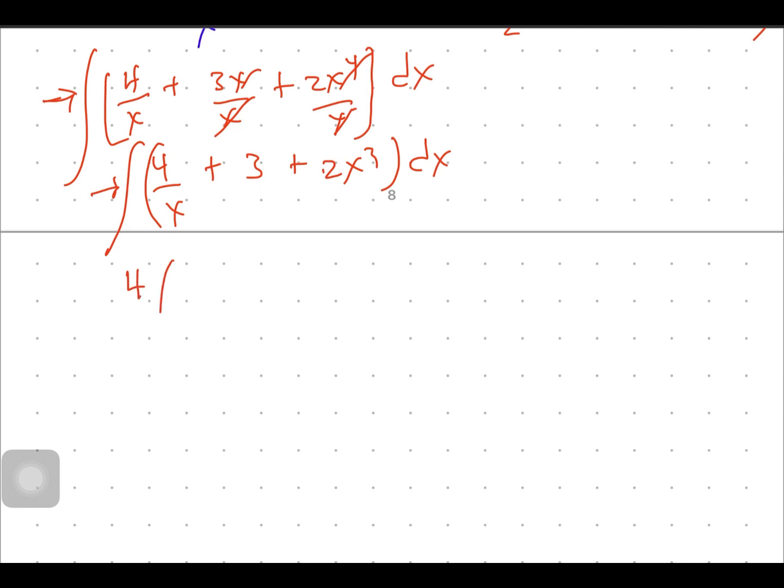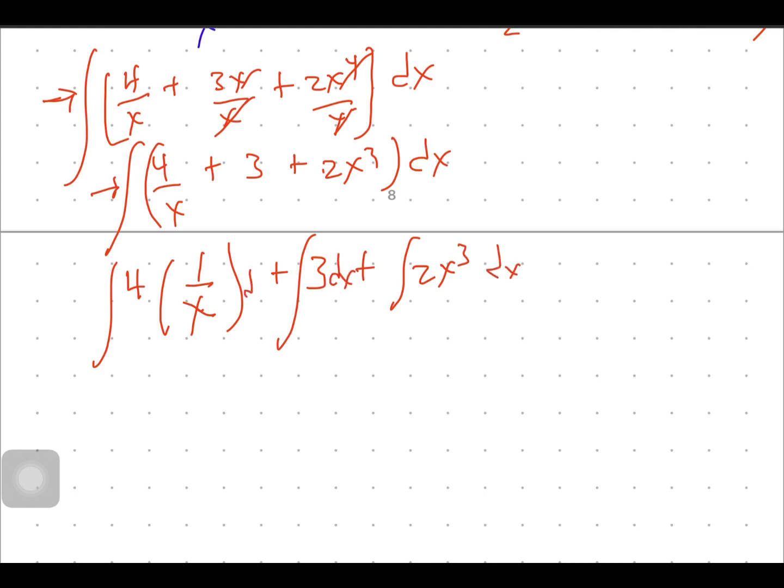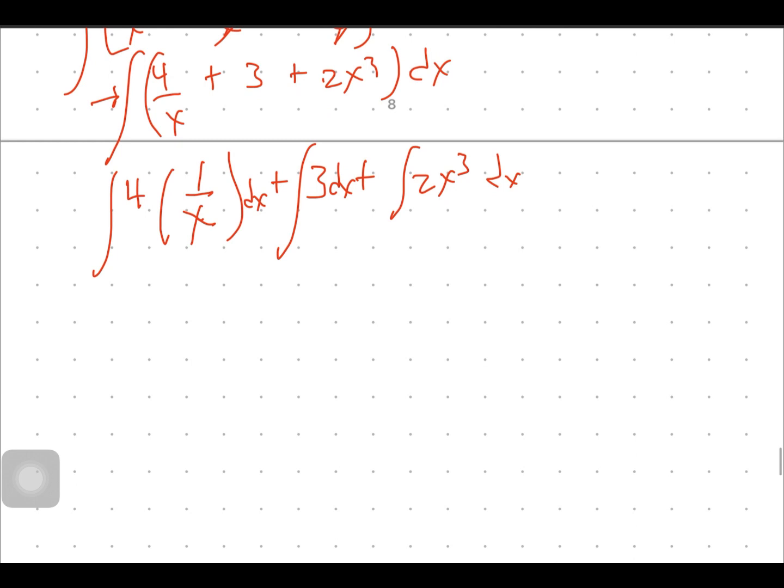And remember that here it is 4 multiplied by 1 over x, plus 3, so the integral of this plus the integral of 2x power 3, all dx. With this, you know that the integral of 1 over x is ln x. Therefore, the result will be 4 ln x plus the integral of a constant, which is 3 with x attached to it.